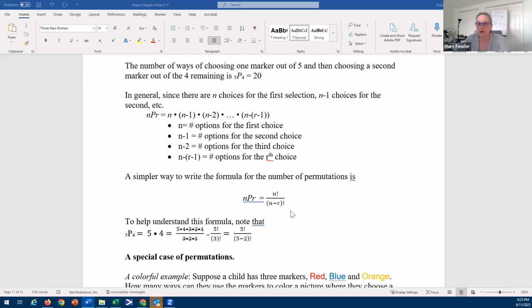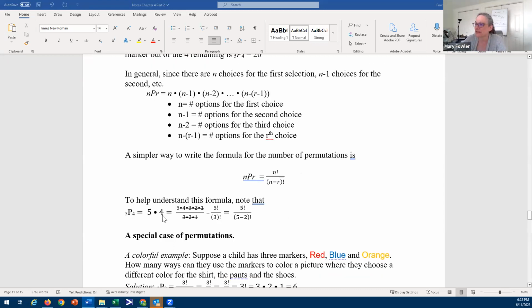So let's go ahead and try to understand this in the case of the child coloring a shirt and pants. So we said that would be 5P2, 5 permute 2. And we know the answer is 5 times 4, right? And I'm also going to note that that's the same as 5 factorial divided by 3 factorial, because the 3 factorial part is going to cancel on both of them.